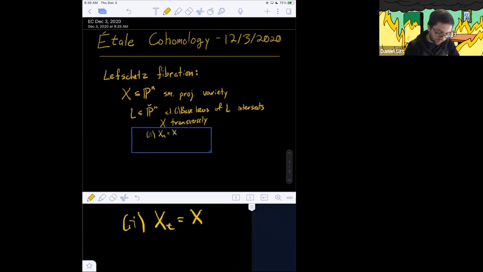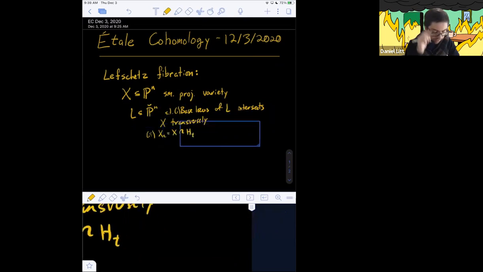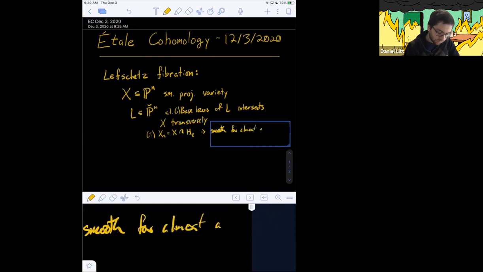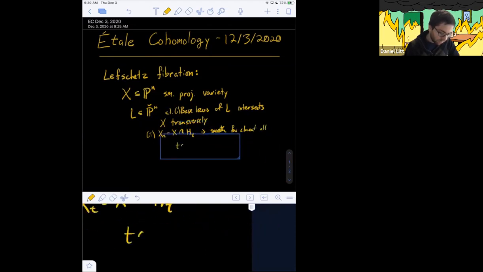2, X_t, which is just X intersect the hyperplane indexed by t for some t in L, is smooth for almost all t in L. Almost all means all but finitely many.